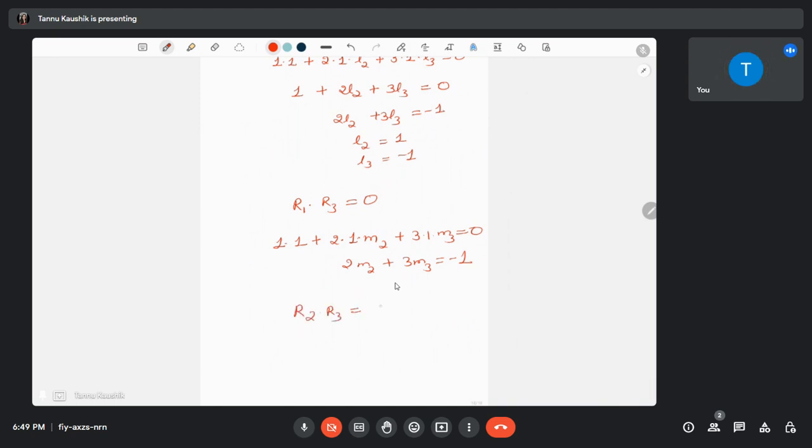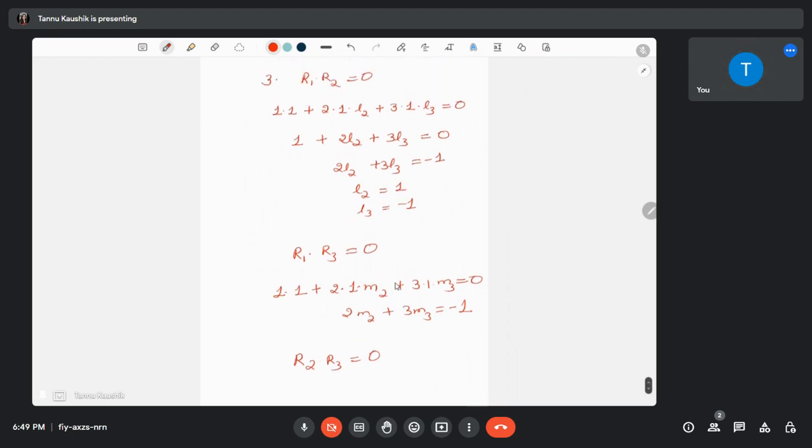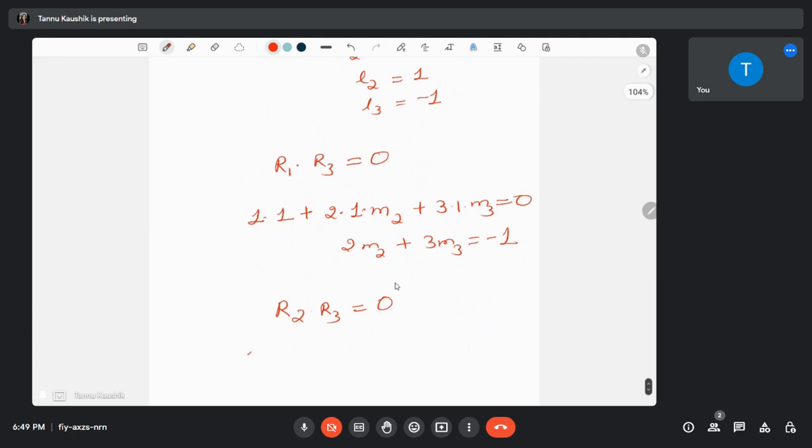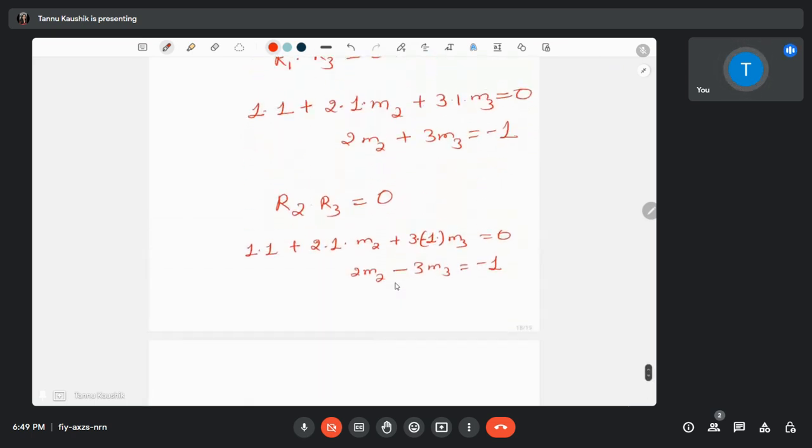And similarly, if we take R2 into R3, we will get two equations. 1 into 1 plus 2 into 1 into M2 plus 3 into minus 1 into M3 equal to 0. So it will be 2M2 minus 3M3 is equal to minus 1.